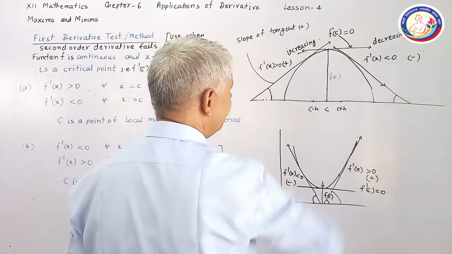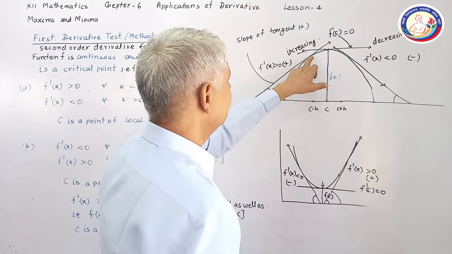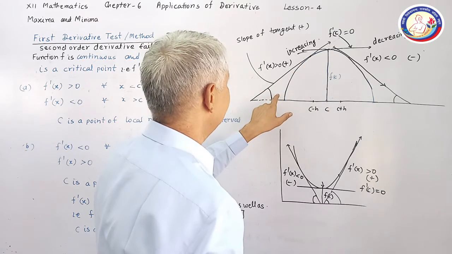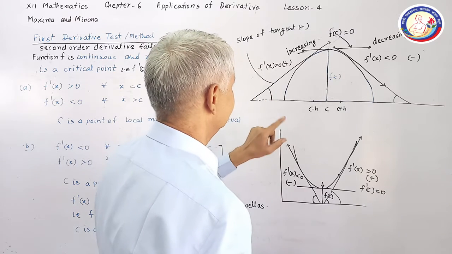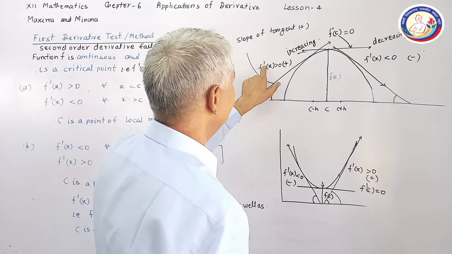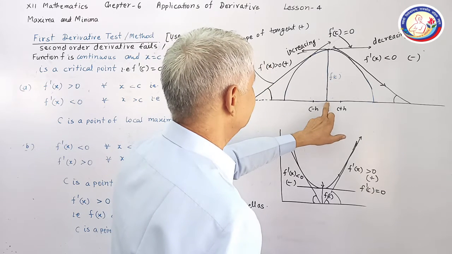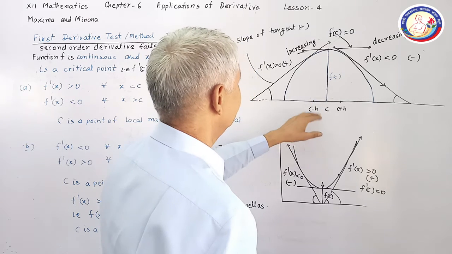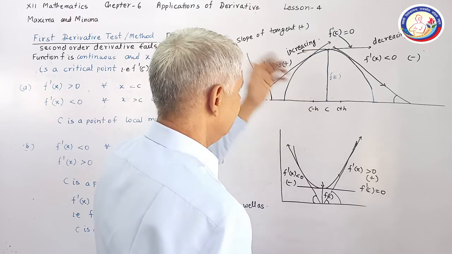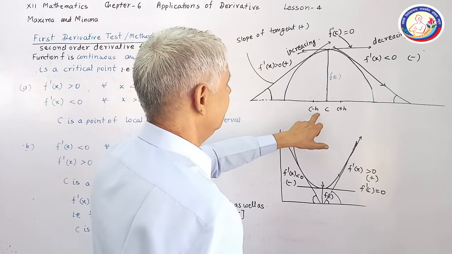Now, on the left of this point c, if the tangent is making a positive angle, it means the derivative is positive here for values less than c, or on the left side of c. Then we can say that the function may be increasing.